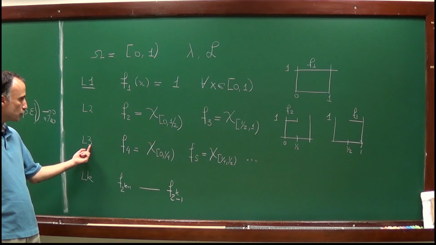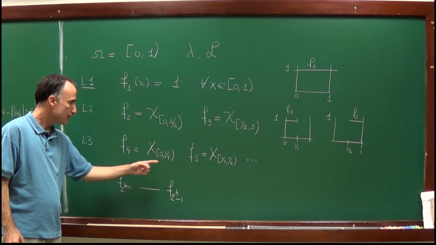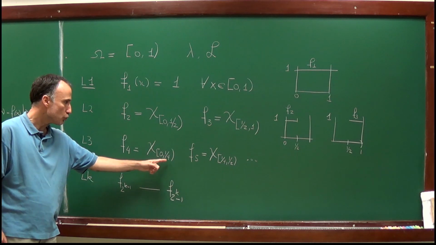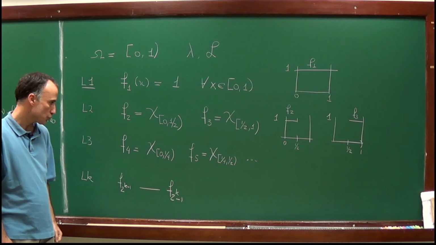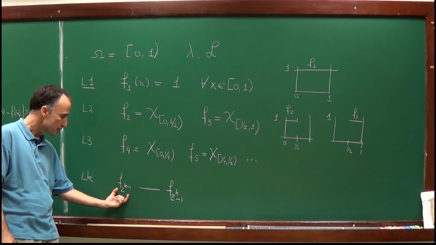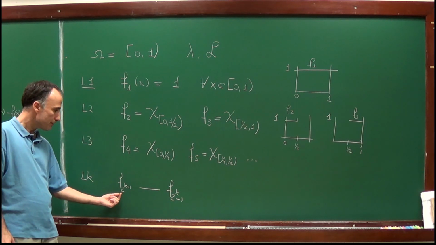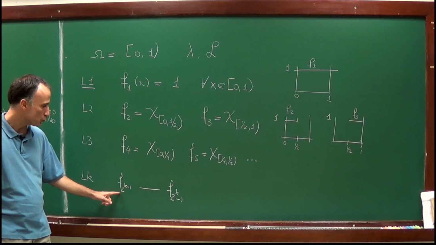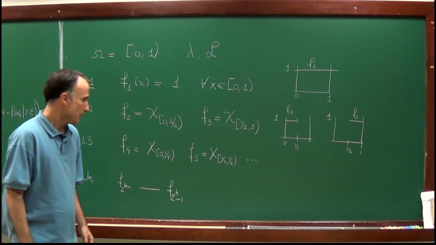Like in level 2, we have intervals of size 1 over 2. Here we'll have functions which are indicators of intervals of length 1 over 2^(k-1).